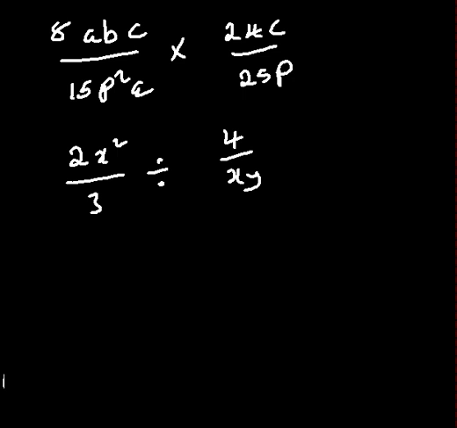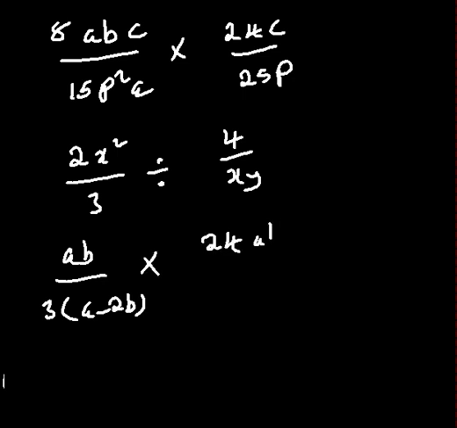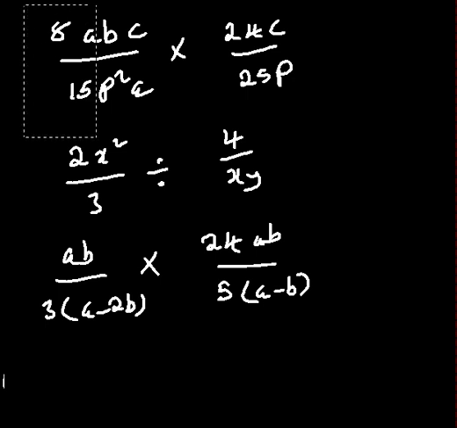And also try this one and see how you can have it. Let's say we have ab over 3 times (a minus 2b), times 24ab over 5 times (a minus b). How do you think you can have that? So try that as well.